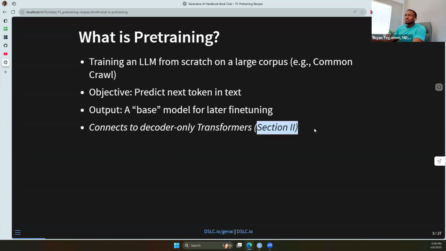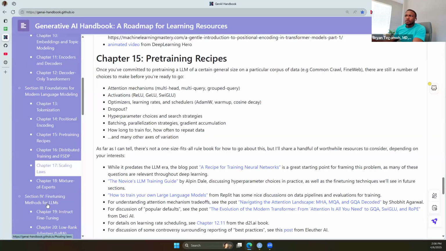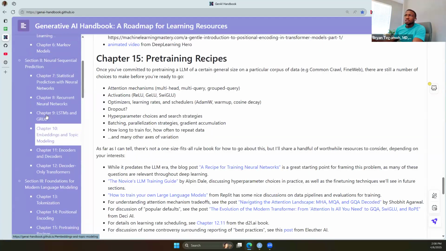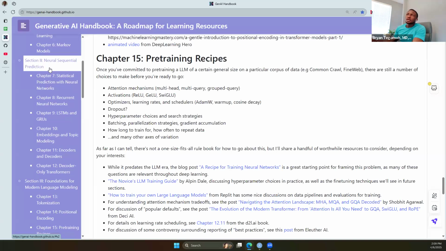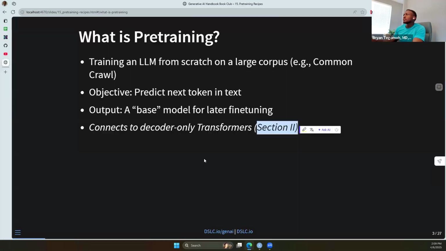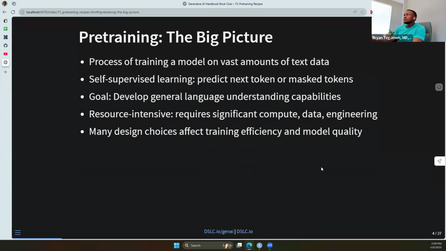Again, I invite you to revisit section 2, where I think David discussed the fundamental principles around neural sequential prediction, and to build on that knowledge moving onward.